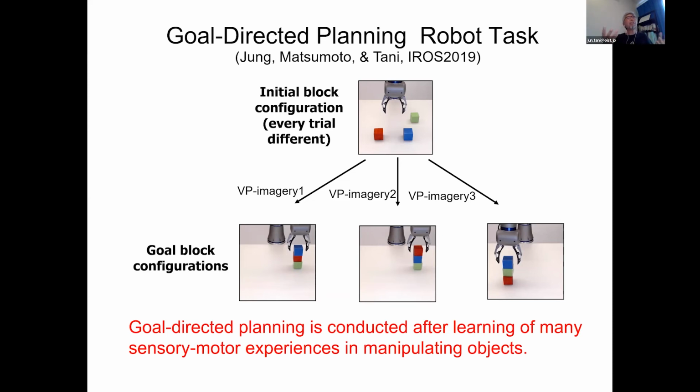We train the network on example trajectories, visual perceptive trajectories, in a supervised manner using maybe, I forgot, 300 trajectories. Then after that, we test a new configuration of the objects and locate them in a novel position, and see whether the robot can generate the plan or not.